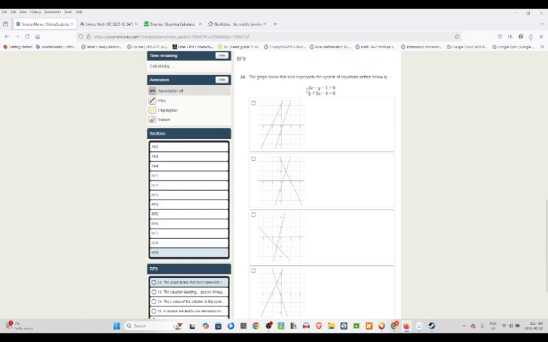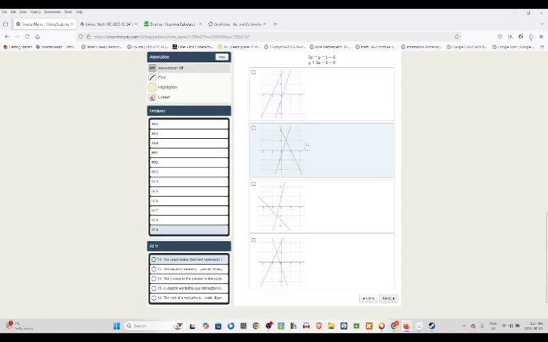If y equals 0, we have 3x minus 1 equals 0, or x equals 1/3. So A and B seem to be contenders there. They, in fact, seem to have the same blue lines, so that's the same as y equals negative 1. So these two have graphed the 3x minus y minus 1 equals 0 correctly.